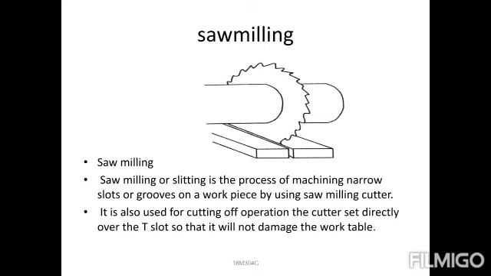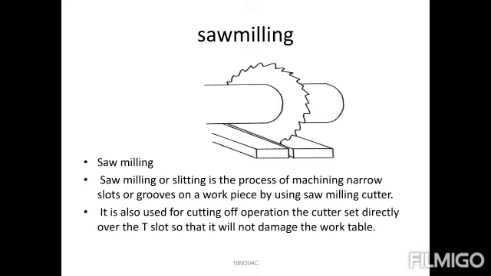Next one is saw milling. Saw means like a sawing operation for cutting or parting. So we can cut any type of material with the help of saw milling. Saw milling, or slitting, is the process of machining narrow slots and grooves in workpieces by using a saw milling cutter. A thin shape cutter will be provided for manufacturing products, right?